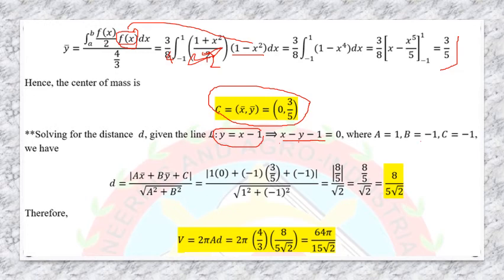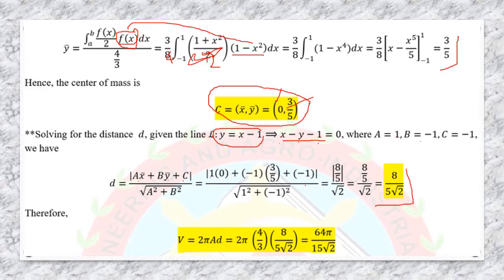So, substitute natin dito, we have 8 over 5 square root of 2. Si A galing dito, 1, and then si x bar, yan yung center of mass natin. And then yung b natin is negative 1. Tapos si y bar, yan din yung center of mass, 3 over 5. And then yung c galing siya dito, negative 1, kasi yung constant na kasali dito sa line natin is negative 1.